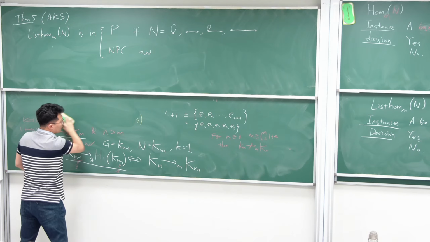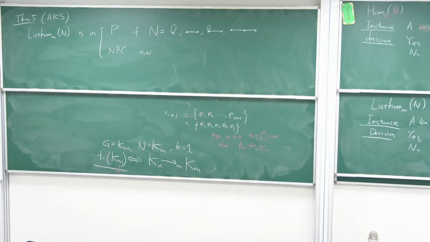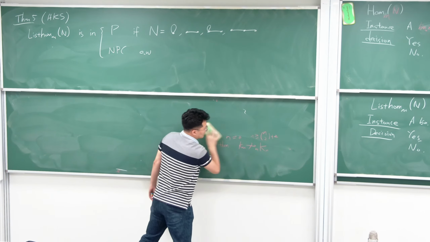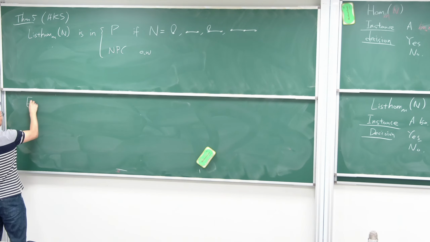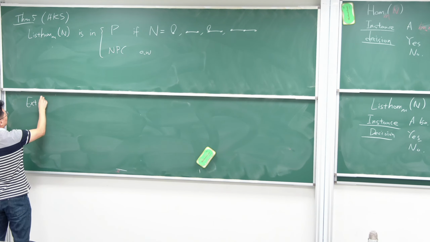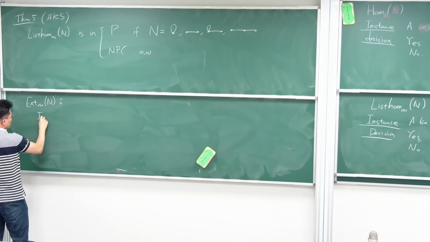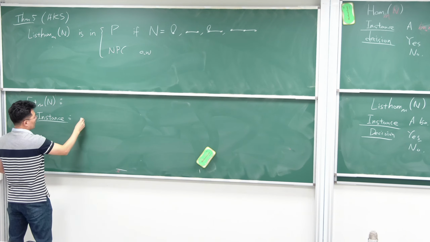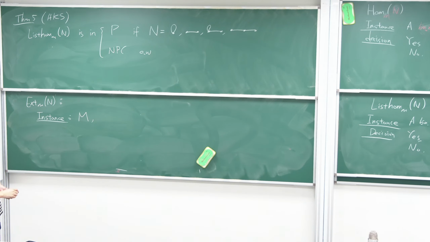The other variation is the extension problem. So if N is the cycle matroid of one of these graphs, or the cycle matroid of this graph. For this problem, our instances are a binary matroid M together with a list.